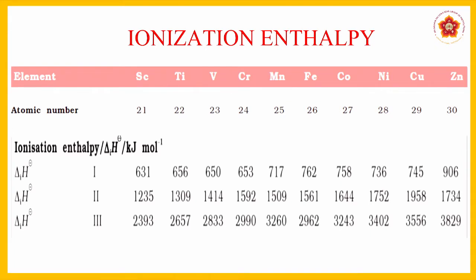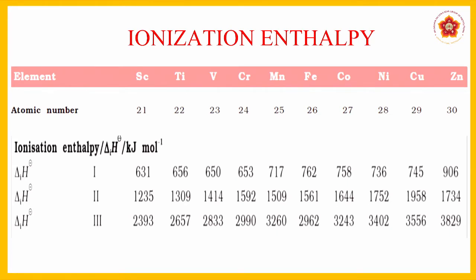What we need to understand here is, take a view of the horizontal line: 631, 656, 650, a minor decrease is seen. You will see a continuously increasing trend, but towards the end, with cobalt, nickel and copper, the values revolve around themselves because of the larger nature of these atoms.